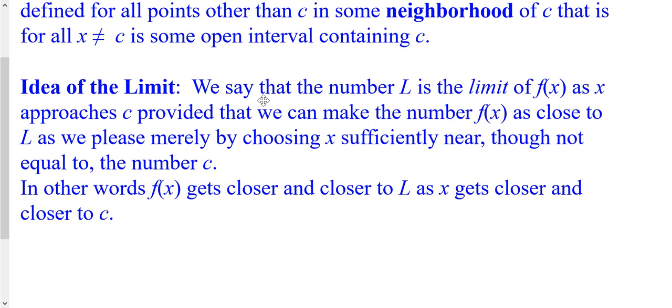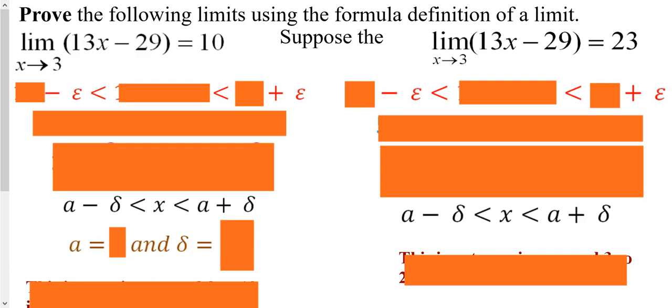So the idea of a limit, we would say our limit of our function as x approaches C, is that we can get closer and closer to that limit as we get closer and closer to that value of x that we're putting in. In other words, your function, the output, gets closer and closer to your limit as you get closer and closer to that value of C, the input.